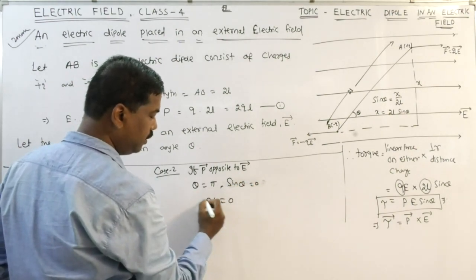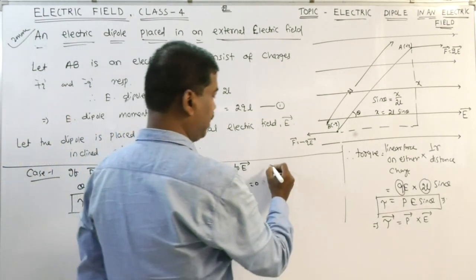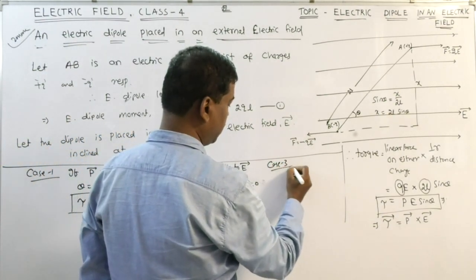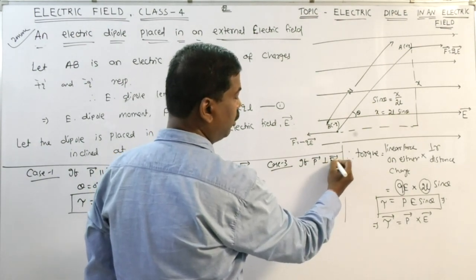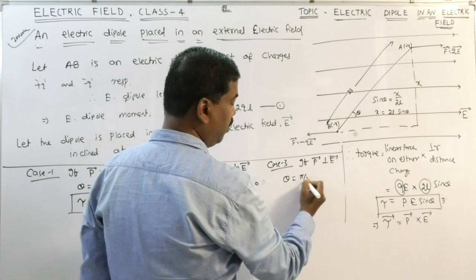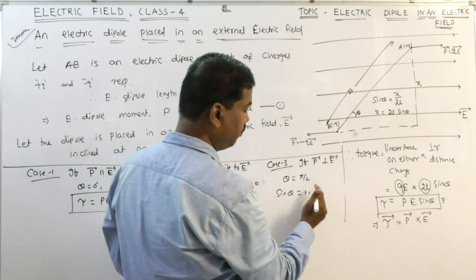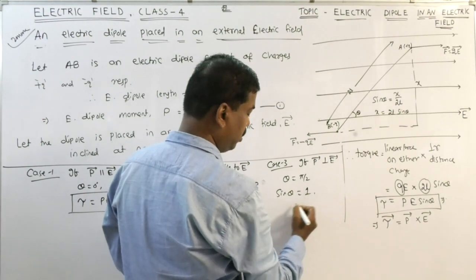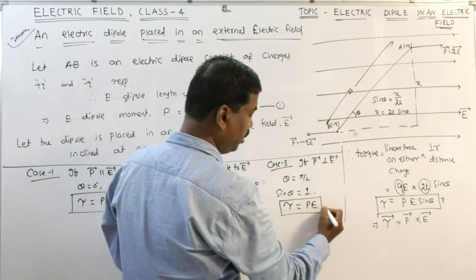So torque is 0. Case 3. If the dipole moment is perpendicular to electric field, theta is equal to pi by 2, sin theta is equal to 1. Therefore, tau is equal to pE, maximum.